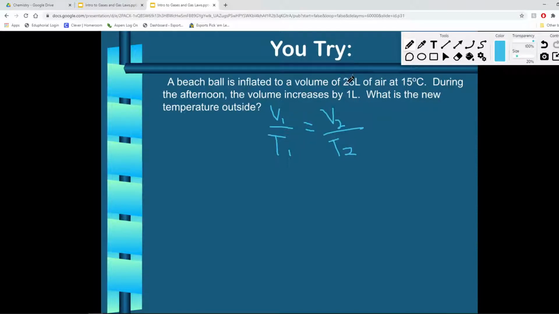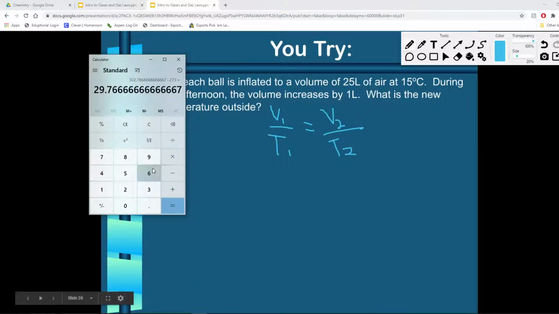So the tricky thing here, every time we work with temperature with our gas laws, we always want to convert from Celsius to Kelvin before we plug it into our equation. So remember, if we're going from Celsius to Kelvin, we're going to be adding 273 to it.